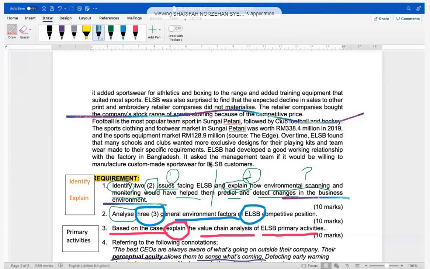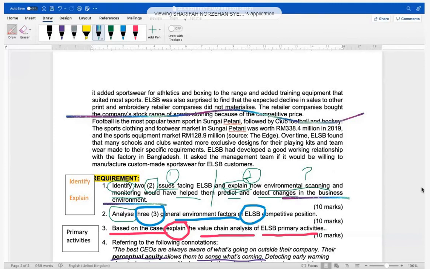Football is the most popular team sport in Sungai Petani, followed by club football and hockey. The sports clothing and footwear market in Sungai Petani was worth 338.4 million in 2019, and the sports equipment market 128.9 million, from what is mentioned in this magazine.